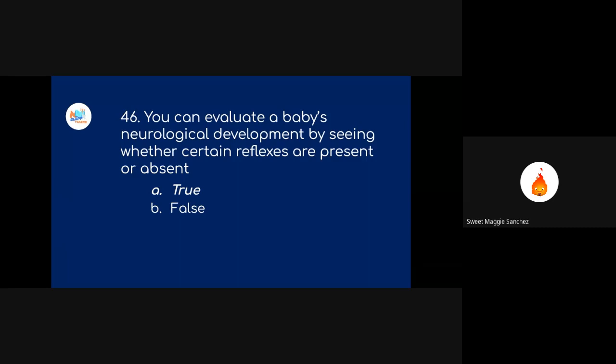It's more alarming if, for example, the Moro reflex is absent, meaning they don't feel the sense of falling. So if certain reflexes are present in a baby, that means they're still healthy.